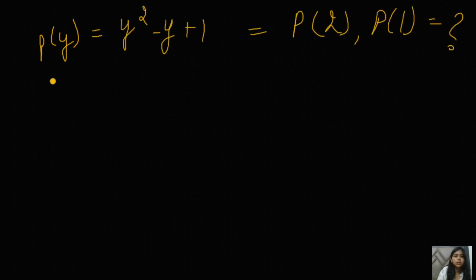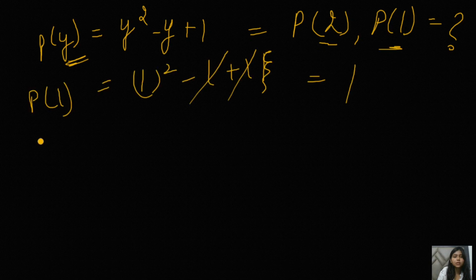So in this case, what you have to do is put y equal to 2 and y equal to 1. So first we put y is equal to 1. We'll get 1. In this case the value of p(1) is 1. If we put y is equal to 2, then what we get is 3.